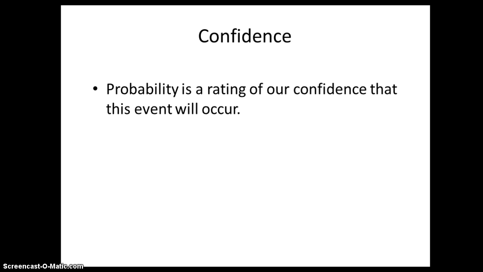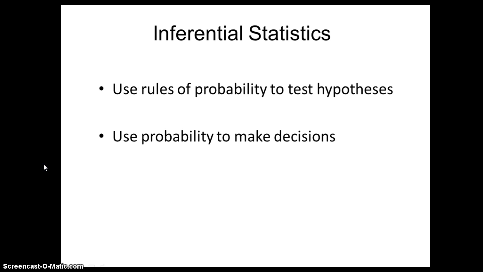be due to chance. So really what we're trying to do is use probabilities to make decisions about hypotheses. So that's where inferential statistics come in. What we do is we use the rules of probability to test hypotheses.